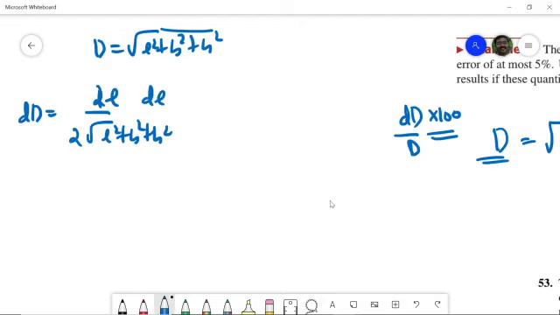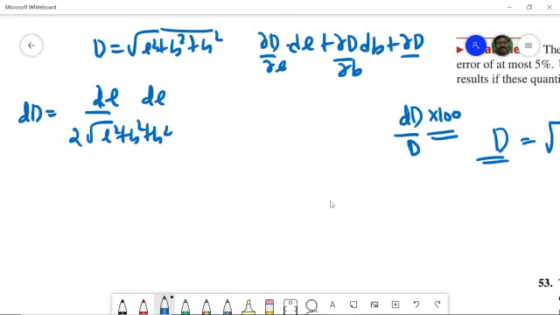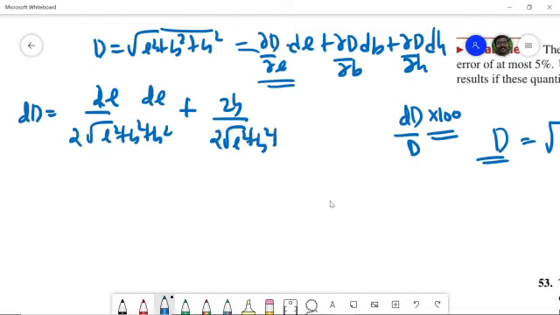Basically dD is nothing but dou D by dou L into dl, the differential formula, plus dou D by dou B into dB, plus dou D by dou H into dH. So this is the formula, and I am applying it here. Next, for dou D by dou B, you will have 2B by 2 root of L square plus B square plus H square into dB, and similarly you will have 2H dH by 2 into root of L square plus B square plus H square.